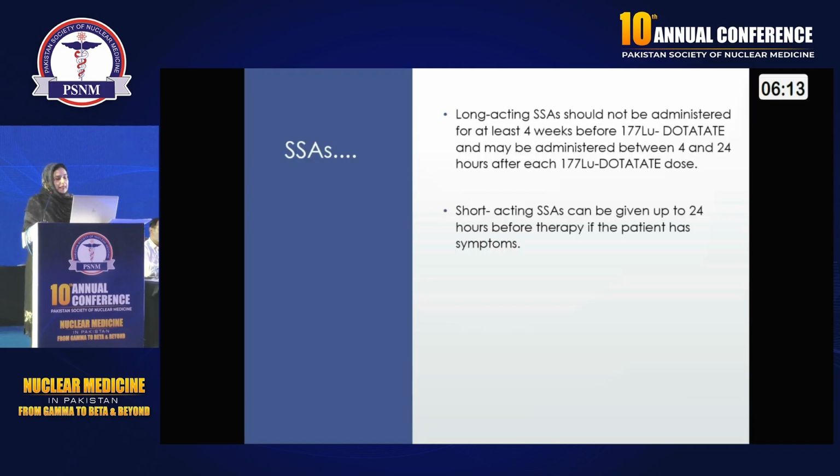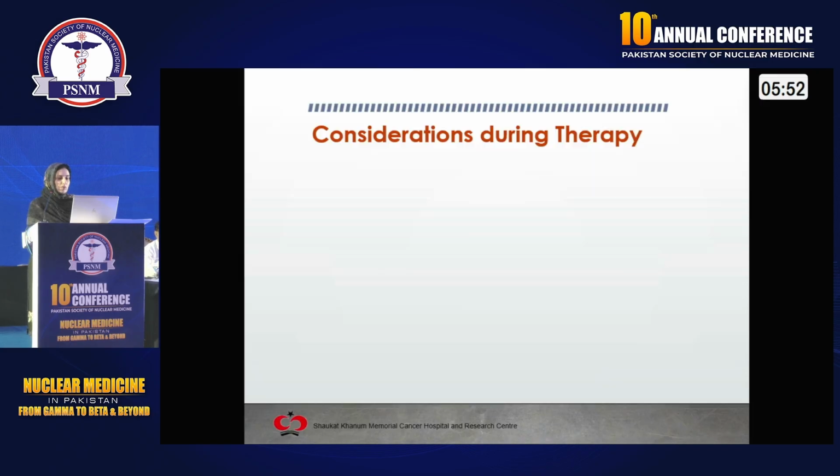As I said, when we are planning their treatment, patients on long-acting somatostatin analogs should not have them administered for at least 4 weeks before our treatment, and then they can be given 4 to 24 hours after the cycle. Short-actings can be given up to 24 hours.